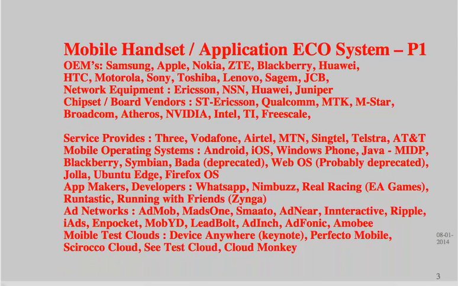And so Interactive, Ripple, iAds from Apple again, InPacket, and MobID, LeadVolt, AdInch, and AdPhonic, Amobi. These are the companies. Every company has a different website. You should take a look at how they really work.